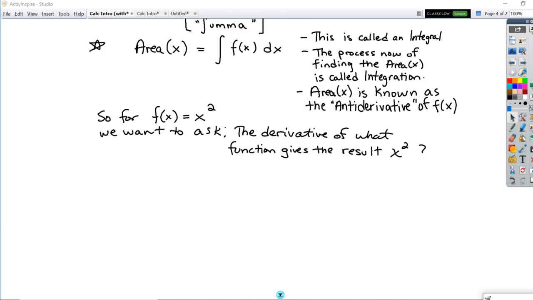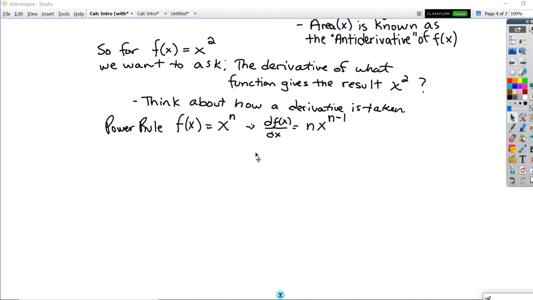So here our function is x squared. We know that the area function is some function whose derivative gives us x squared. So the question we want to ask is, what derivative gives the result x squared?